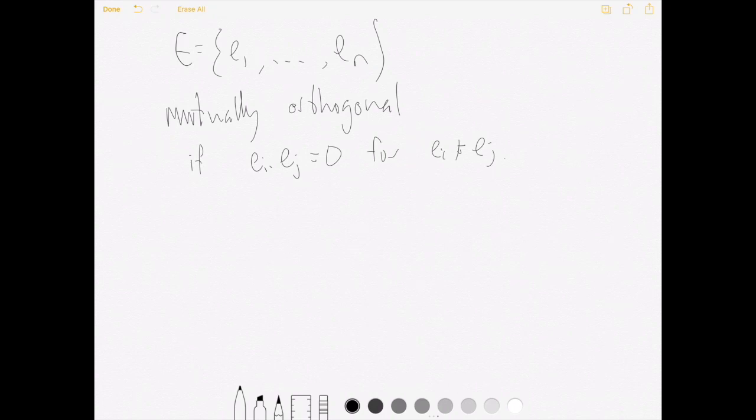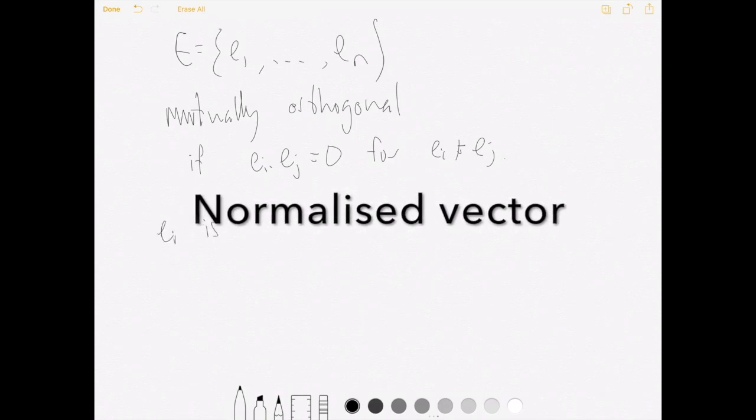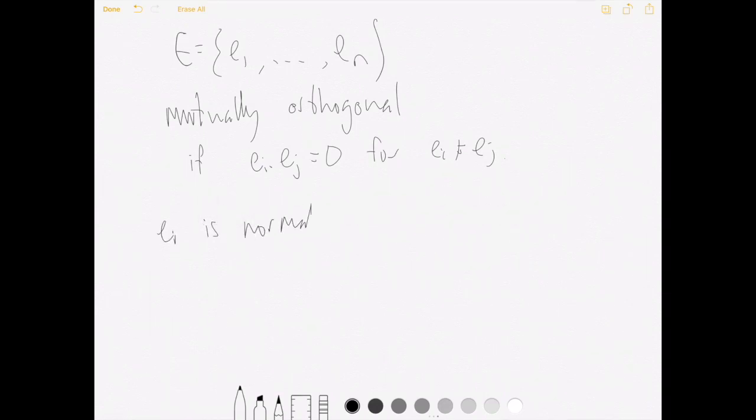We say a vector EI is normalized when it has length 1. That means if we take the dot product of EI with itself, then that's going to be 1, or the square root of that.